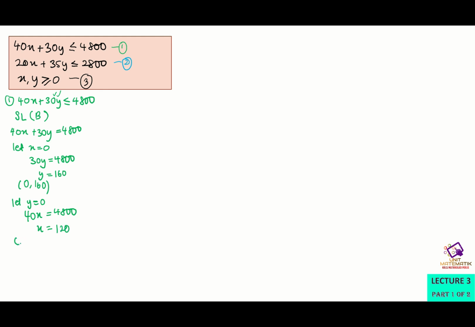So the second point will be (120, 0). Okay, so this is for the first inequalities. Then the second inequalities, 20x plus 35y less than or equals to 2,800. Then this is solid line and the region will be below part. Okay.